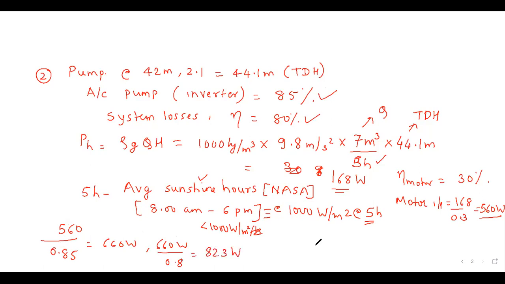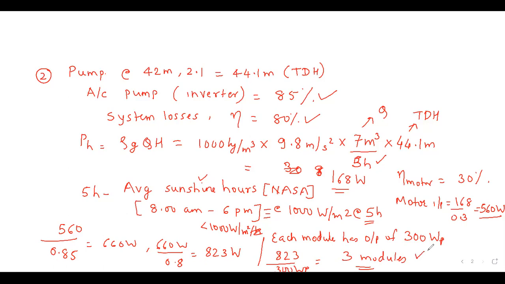Let us say that each module has an output of 300 watt peak. So you would require 823 by 300 watt peak, which is around 3 modules for your pumping application.